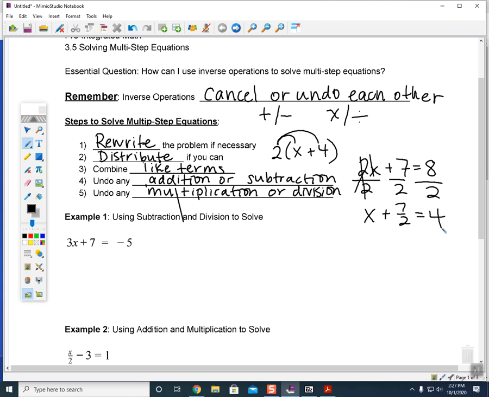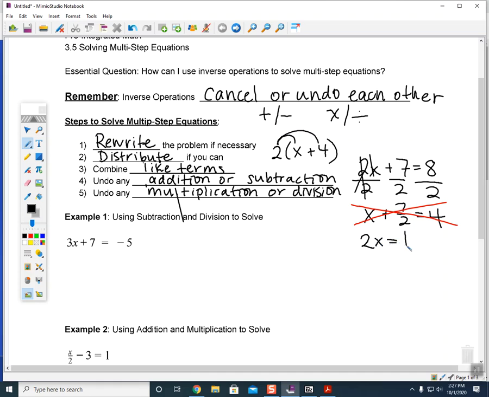Does this look very helpful to get me to solve my equation? No, it looks way more complicated than it did before. So if I were to solve this the right way, we've seen that this is not how I want to do this. If I were to instead subtract my 7 first, I would have 2x equals 1.